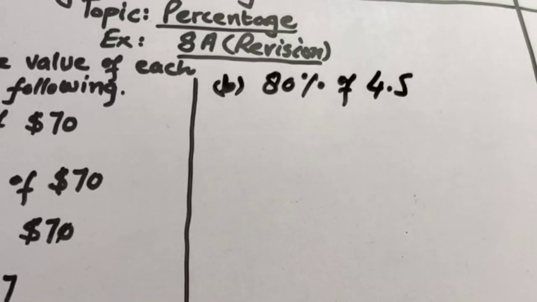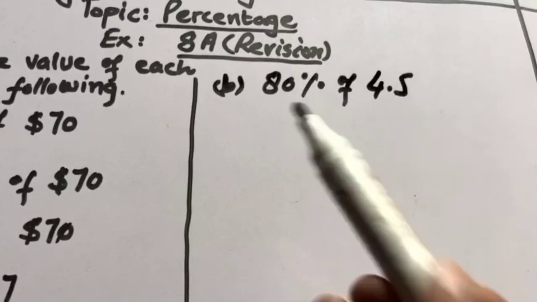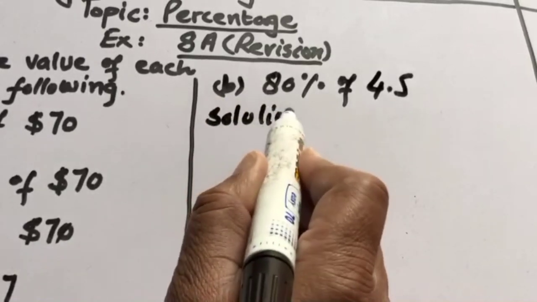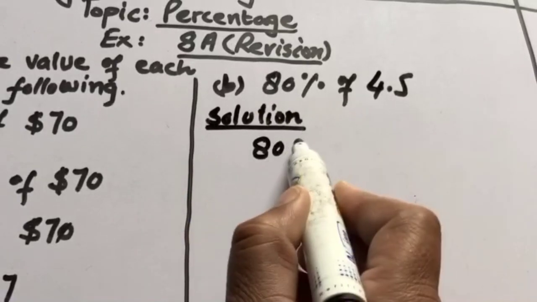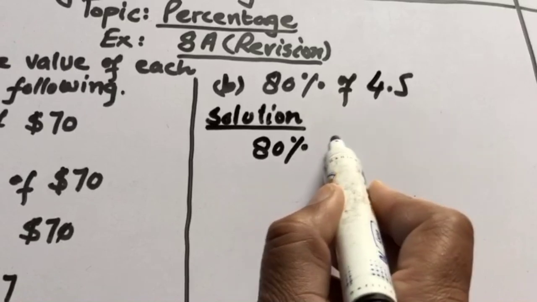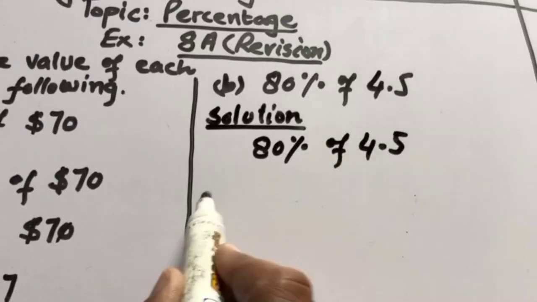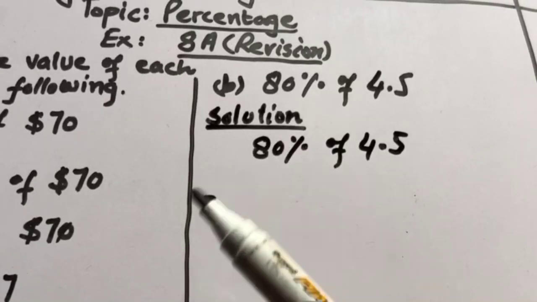In the solution we will write the statement, which is 80% of 4.5. In the next step we will convert the 80% into the fractional form.